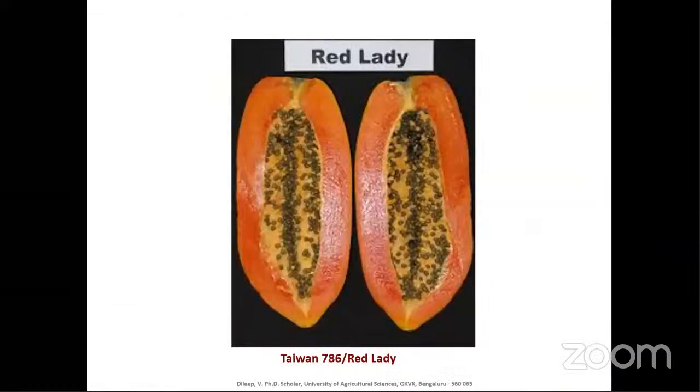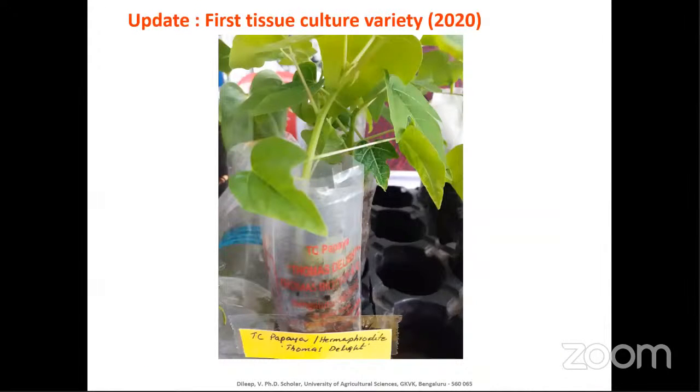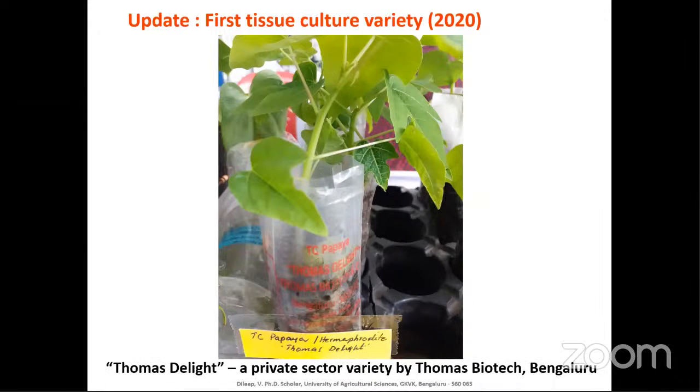This is the leading cultivar, Taiwan 786 or Red Lady, and Arka Surya and also Arka Prabhat by IIHR Bangalore. And this is one of the updates. This is the first tissue culture variety, Thomas Delight. It is a private sector variety developed by Thomas Biotech in Bangalore, and this photo was taken by me at the last Krishi Mela here in Bangalore.